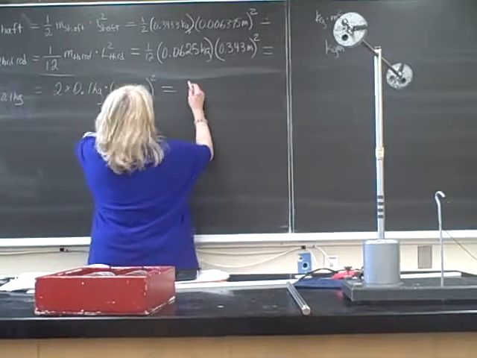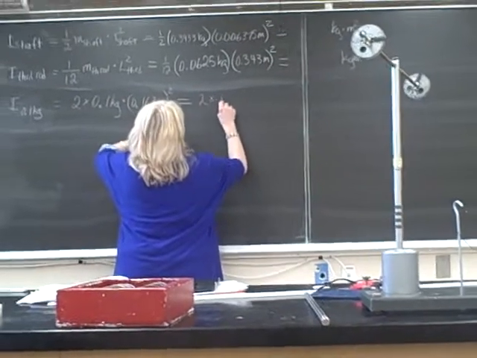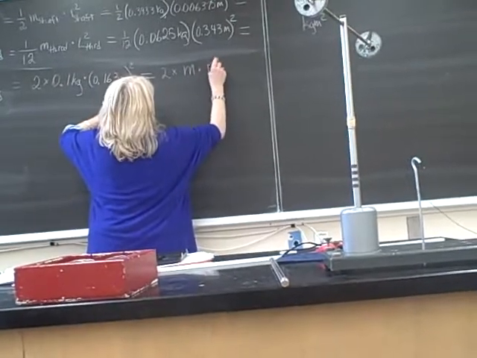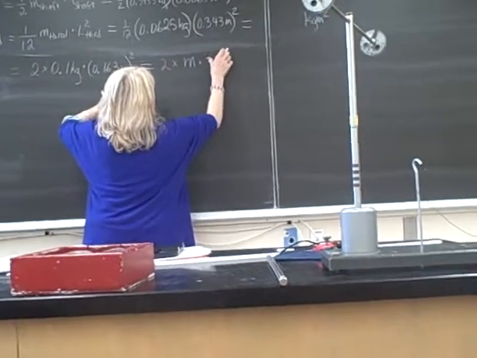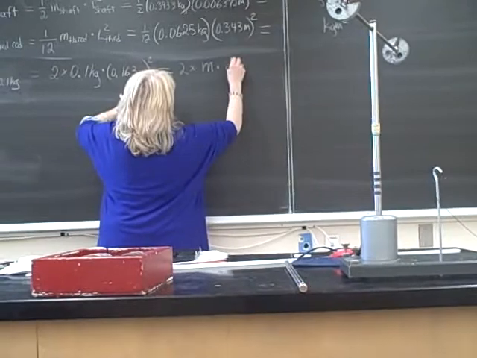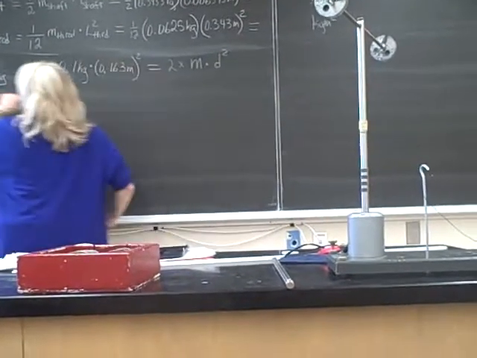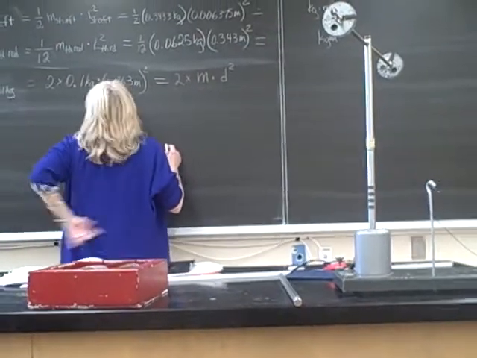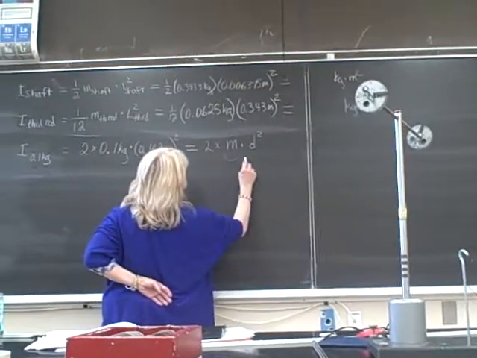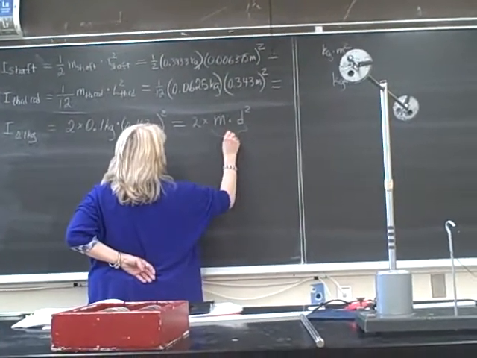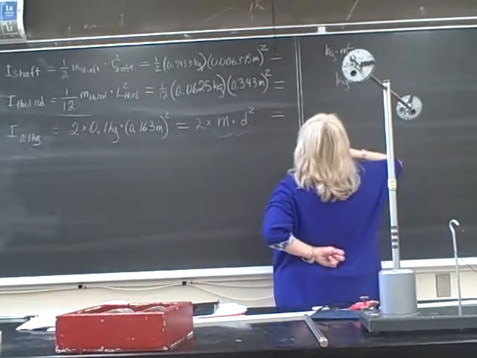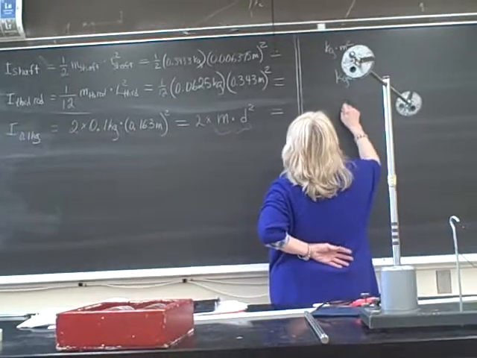Oh, shoot, I'm sorry. So it's 2 times m r, or I'm going to call it d, d squared. So this is d. md squared would be the rotational inertia for one of those 100-gram masses. But we've got 2 of them, that's why I'm multiplying by 2.